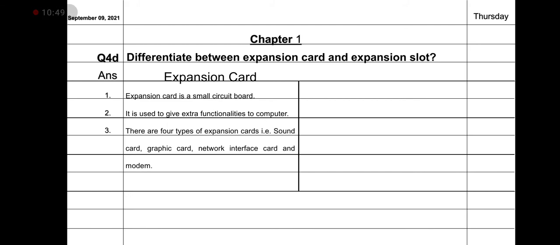So take out your copies and start writing the classwork. Write date and day. Write chapter 1 and underline it. Use colors to underline. Now write question number 4D and make a line between the page. On the left side, write expansion card.